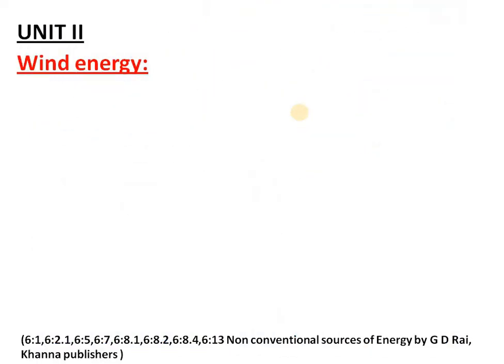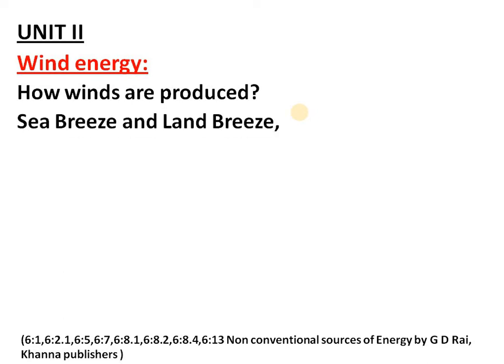In this unit, at the beginning we will talk about what wind actually is, and the physical reason for wind production. Winds are of different types and different origins, one of them being sea breeze and land breeze. There are different reasons for different types of wind.